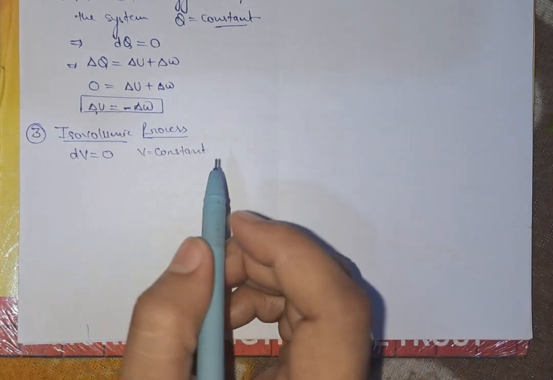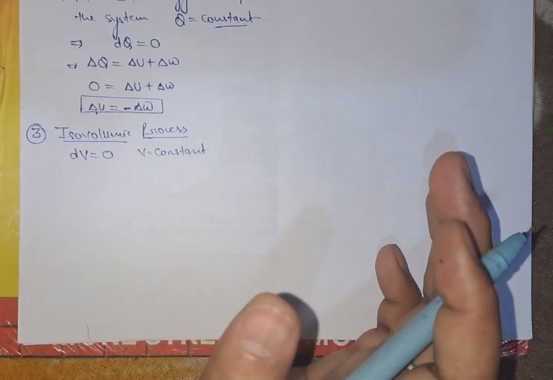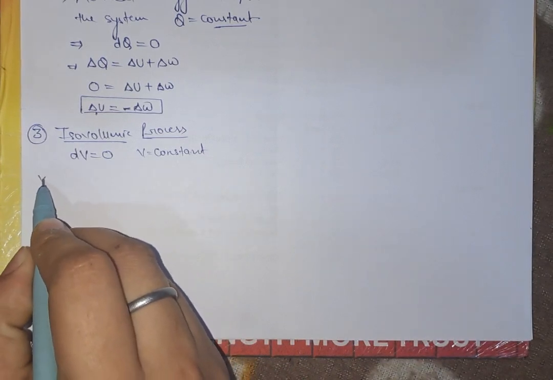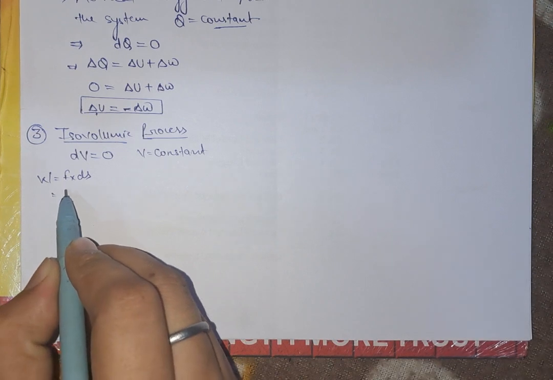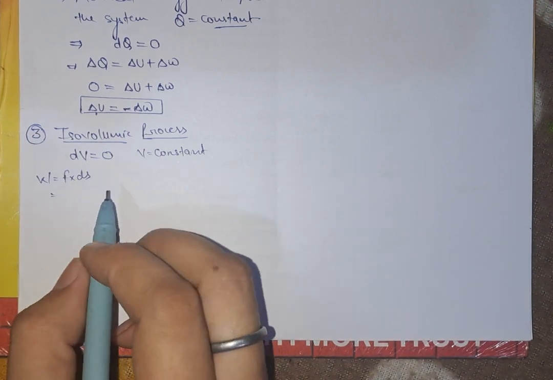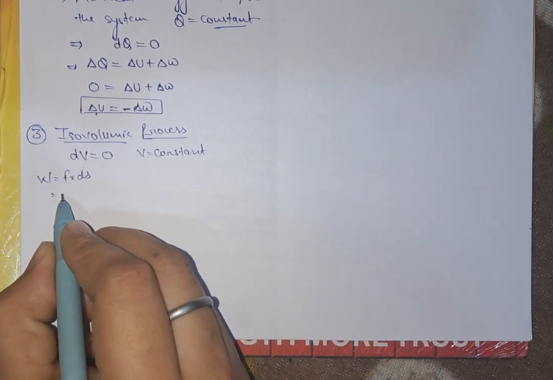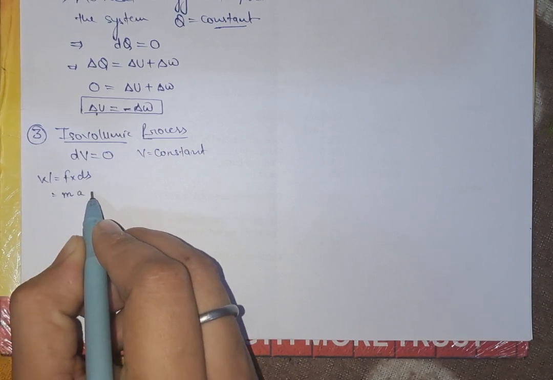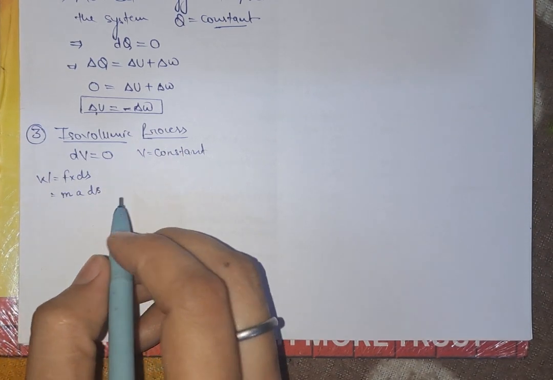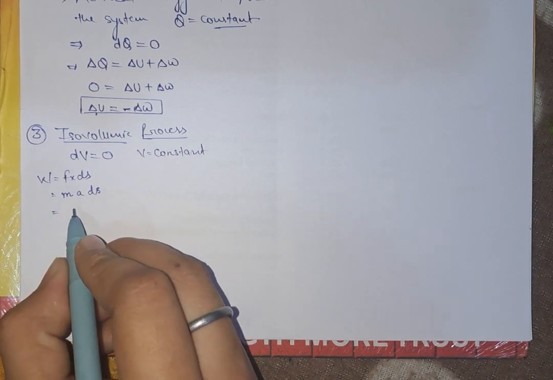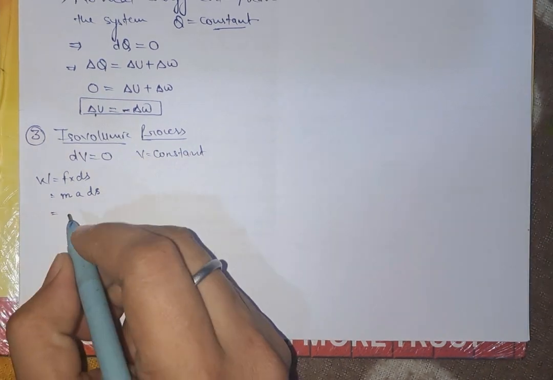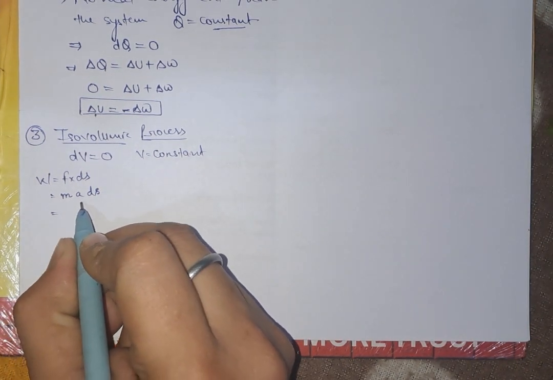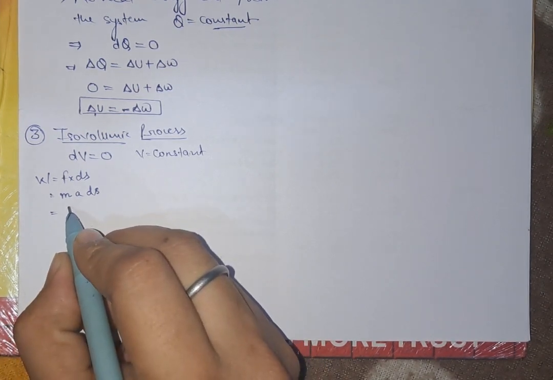Let us say that W is equal to F into ds. And what is F? F is equal to ma, where a is acceleration.